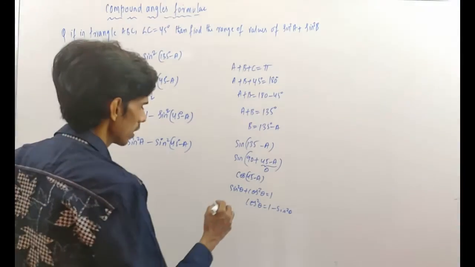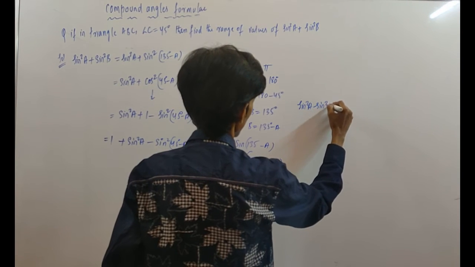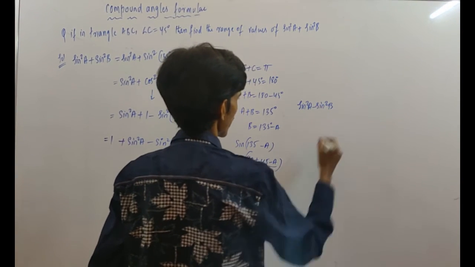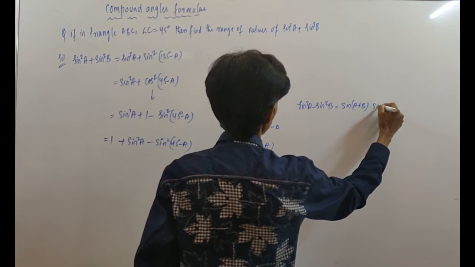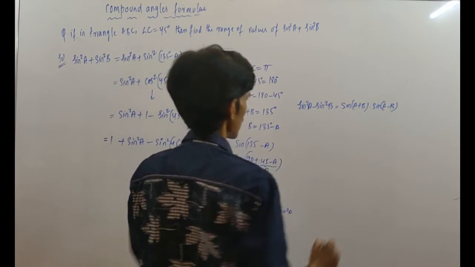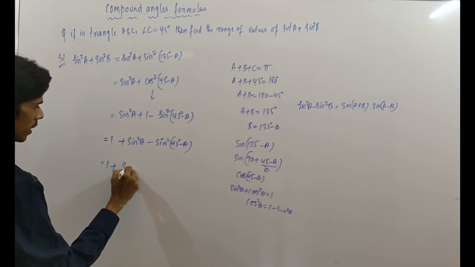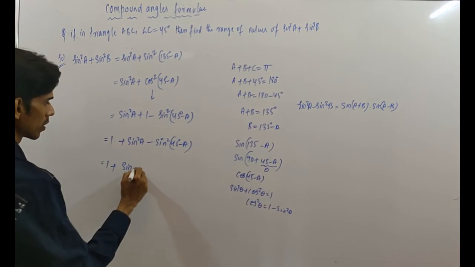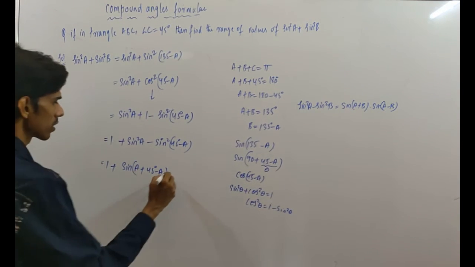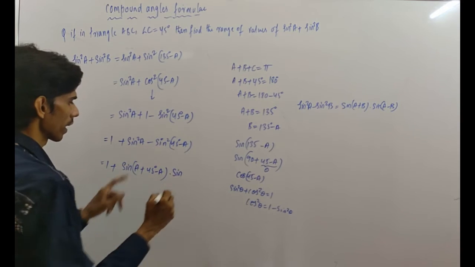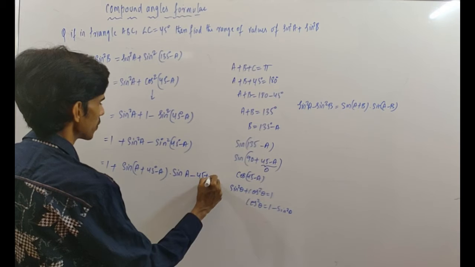Now we have one formula: sin²A minus sin²B is sin(A plus B) into sin(A minus B). Apply here: 1 plus sin of the sum of angles, A plus 45 minus A, into sin of the difference of angles, A minus 45 plus A.